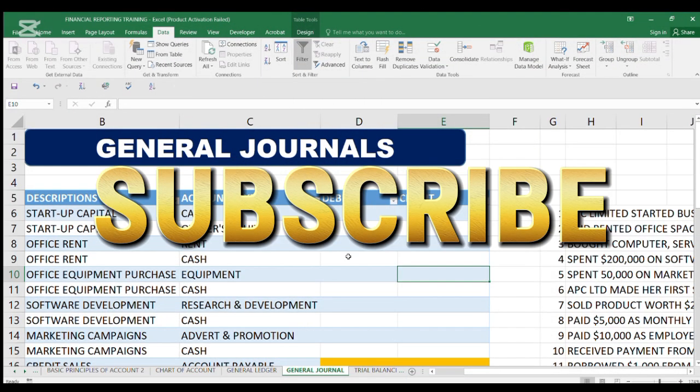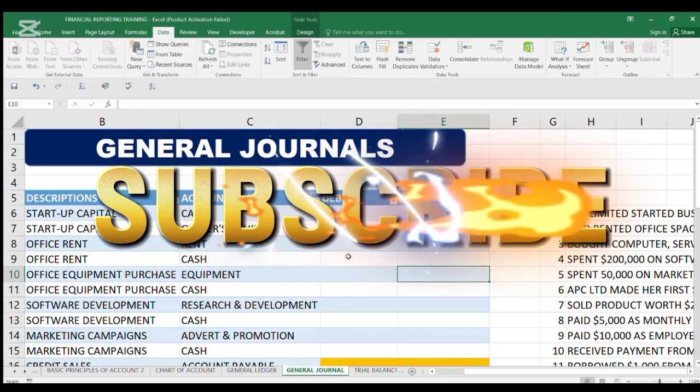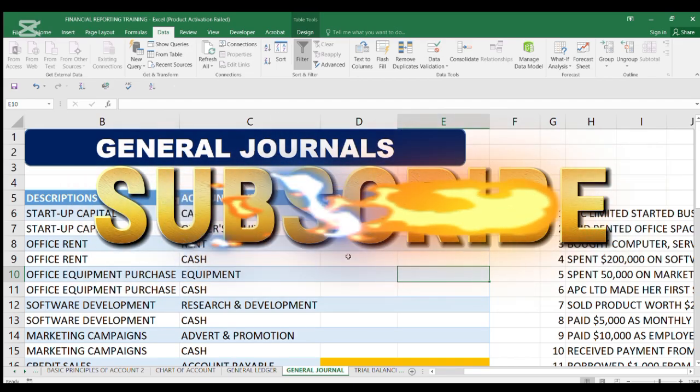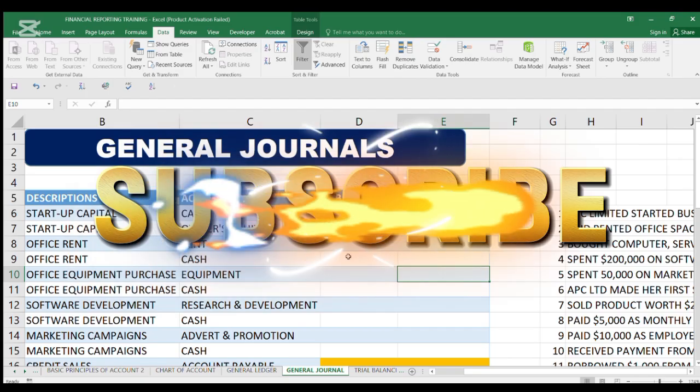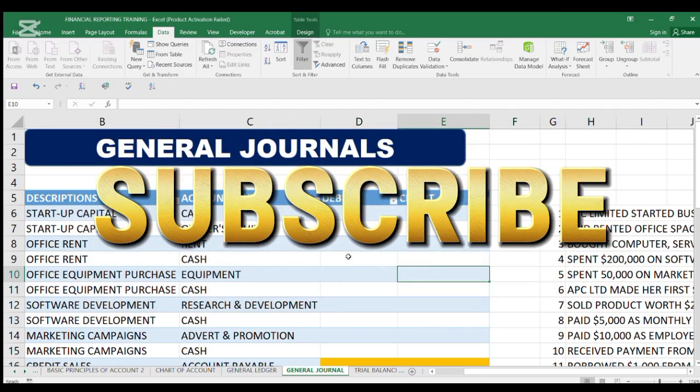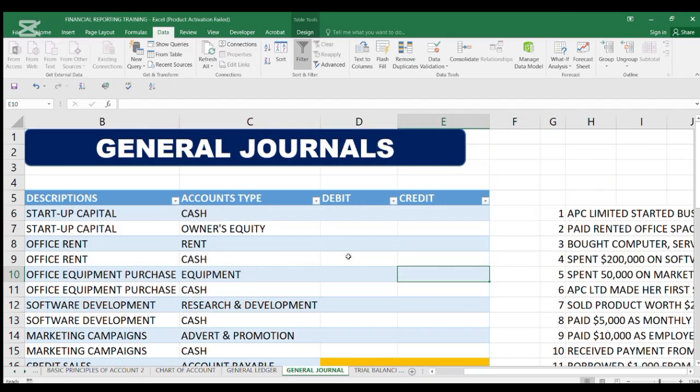Supposing you are managing, or as a freelancer, you are managing accounts for a supermarket or a pharmacy or any other business. So for the purpose of proper understanding, I'm going to use an Excel accounting software developed by myself. So let us start from there.